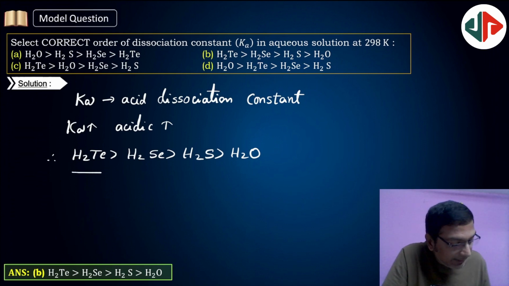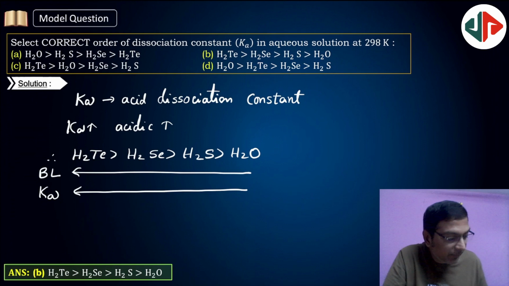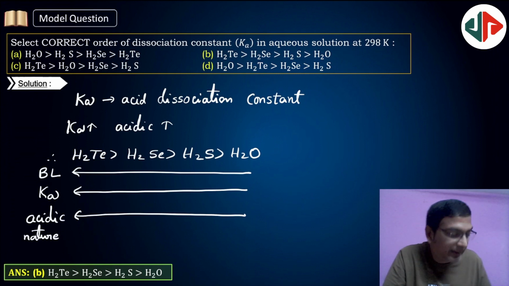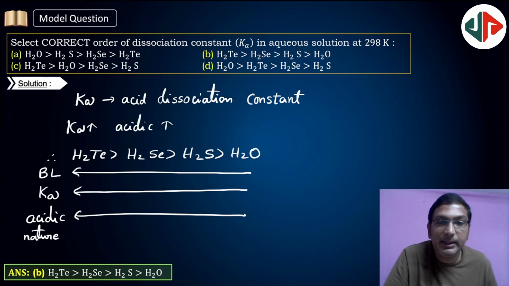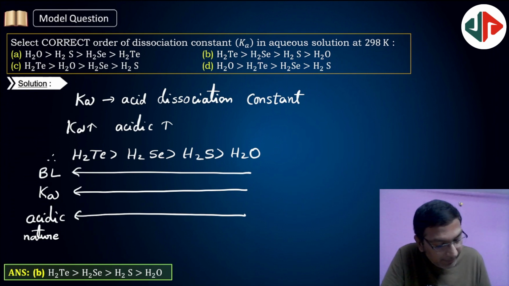So bond length increases in this order. So therefore Ka also will be in this order. Therefore acidic strength: remember like this. H2Te is most acidic due to more bond length. So more is the bond length, it can dissociate and give H plus ions easily. Therefore option B.